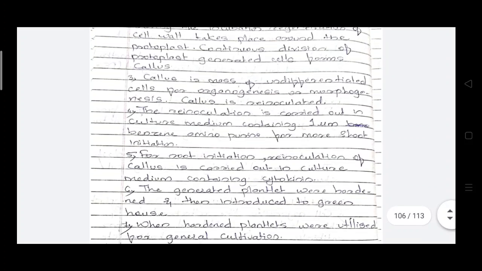Callus means an undifferentiated mass that develops. Then this mass is re-inoculated or recultured in separate test tubes containing 1 μM benzyl aminopurine for more shoot formation.